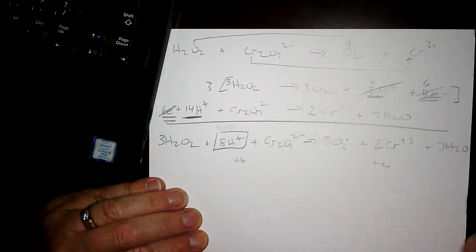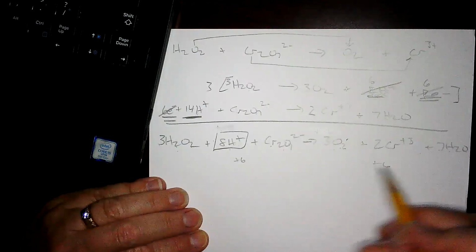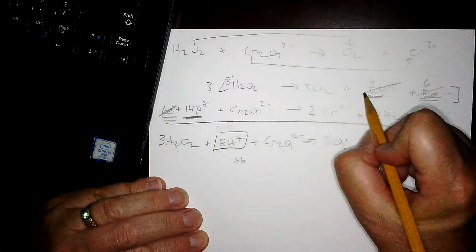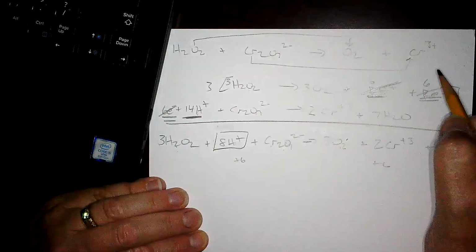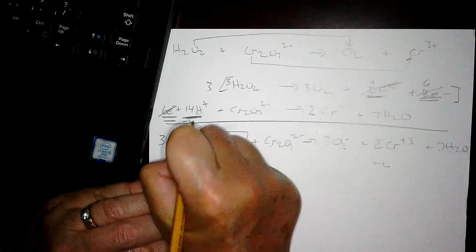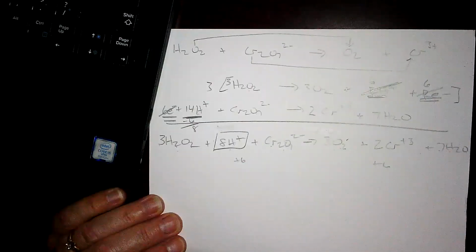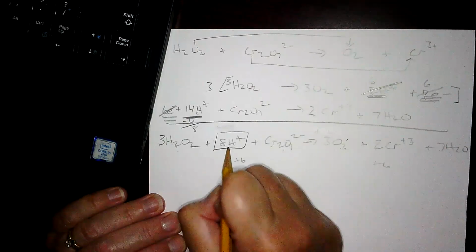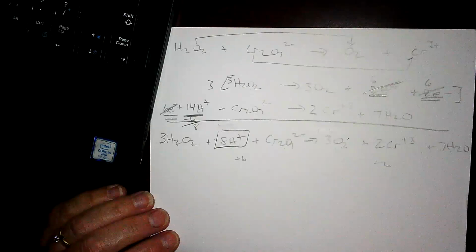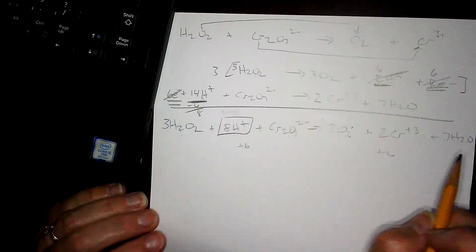You're never going to have the same thing on both sides of your equation. The net would be these 6 cancel out, and 6 out of the 14 cancels out, and that's where that 8 comes from. So this is the net number of hydrogens based on here and here. Okay, everybody good?